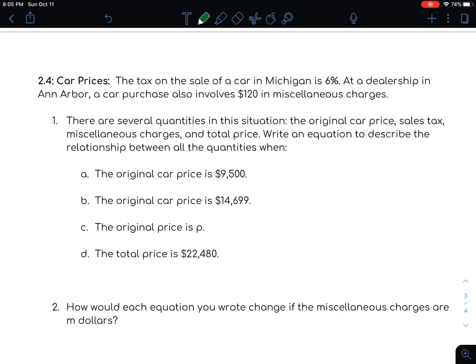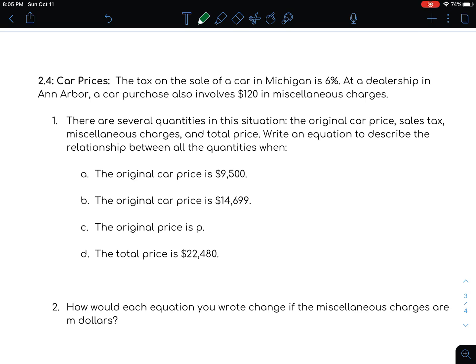There are several quantities in this situation: the original car price, the sales tax, miscellaneous charges, and the total price. Write an equation to describe the relationship between all the quantities when, first, in A, the original car price is $9,500.